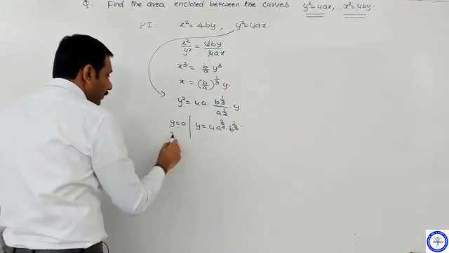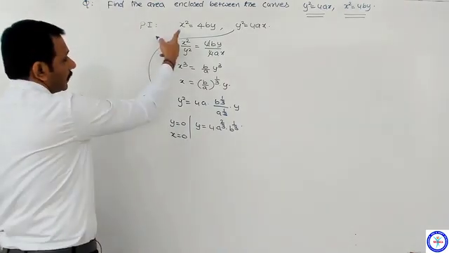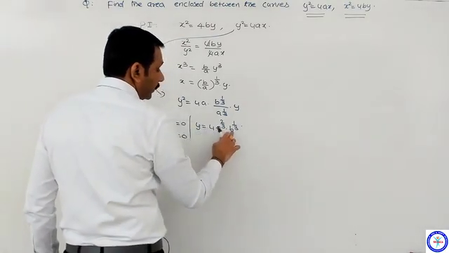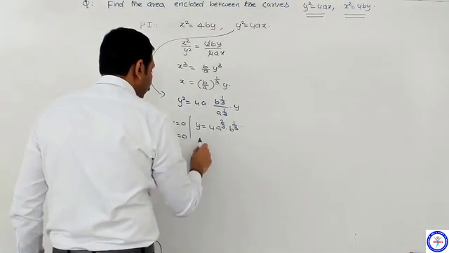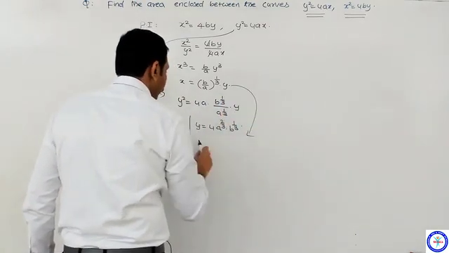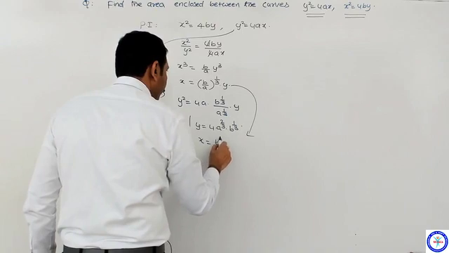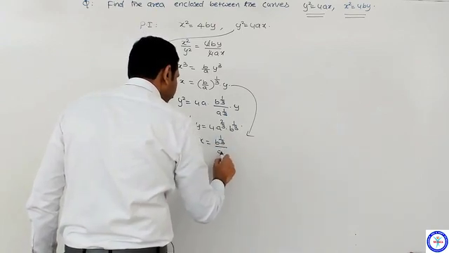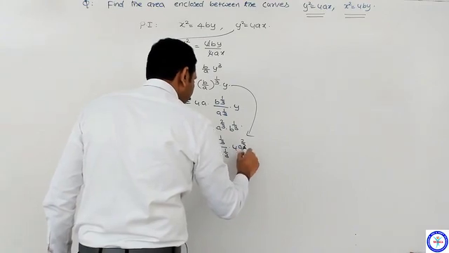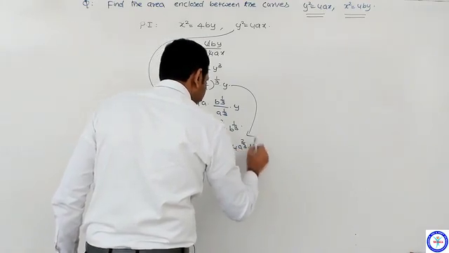y equal to 0 means x also 0 only if I substitute here. y equal to 4 a power 2 by 3 b power 1 by 3 means what is x value? Let us see. In this, x is equal to b power 1 by 3 by a power 1 by 3 into 4 a power 2 by 3 into b power 1 by 3.